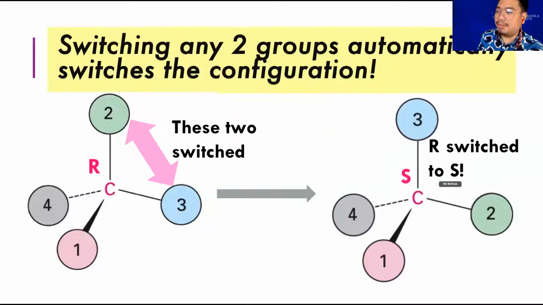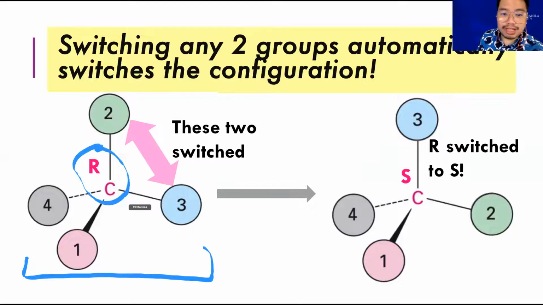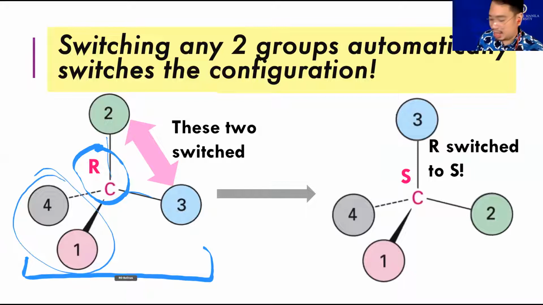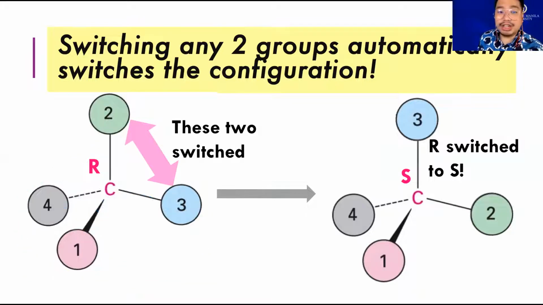And as a rule of thumb, switching any two groups automatically switches the configuration. So the moment you see a structure that has already been annotated for your convenience, if you switch any two, or interchange the dash and the wedge, if I turn 4 into a wedge and 1 into a dash, it also automatically switches the configuration.